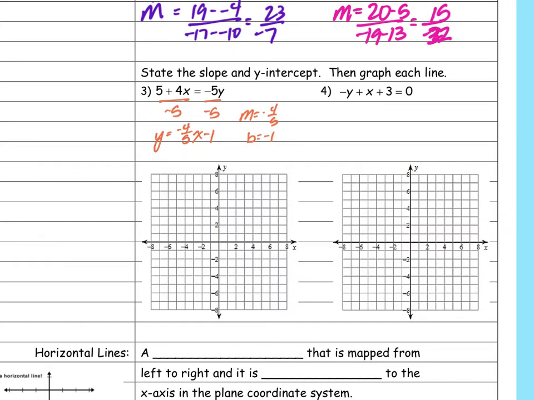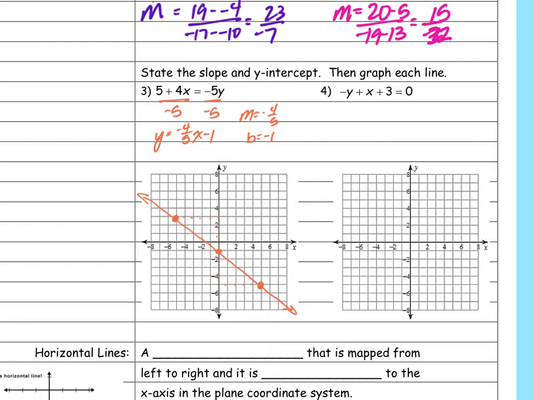So on my graph, I'm going to start at negative 1, and my slope tells me I'm going to go down 4 and forward 5. So 1, 2, 3, 4, 1, 2, 3, 4, 5. Or I can go up 4 and back 5. 1, 2, 3, 4, 1, 2, 3, 4, 5. Attempt to draw a straight line. Ooh. All right. Okay, there we go.